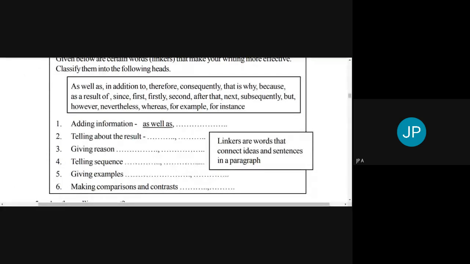The next linker, in addition to, I can also use in a sentence. Can you give an example of using in addition to in a sentence? Very simple examples can be given.